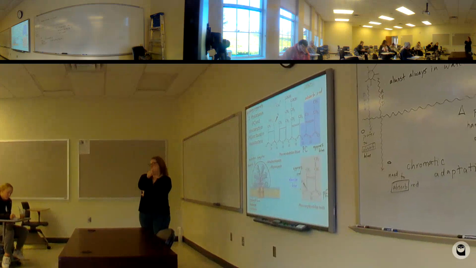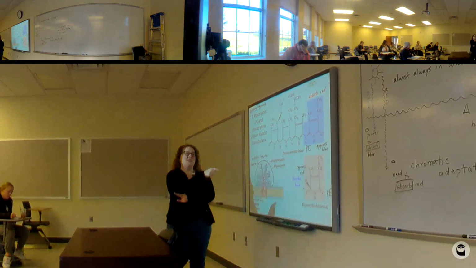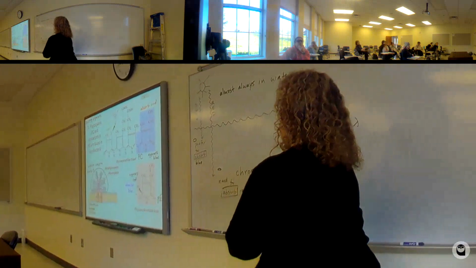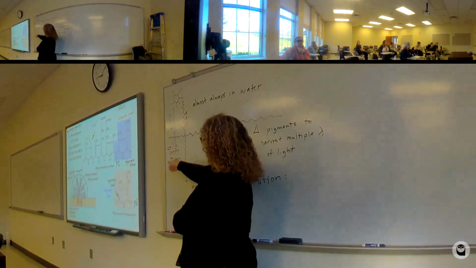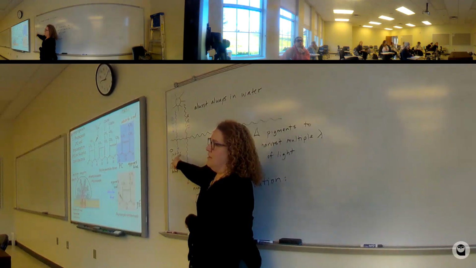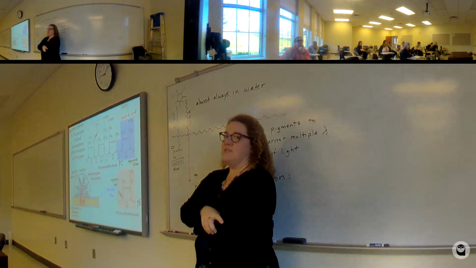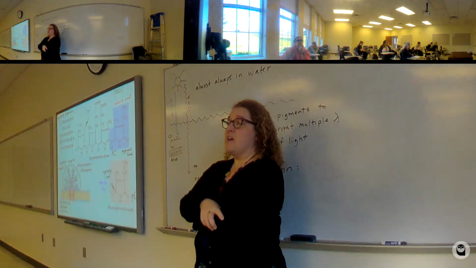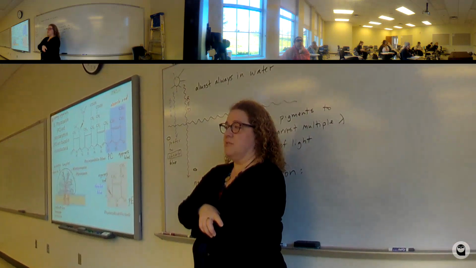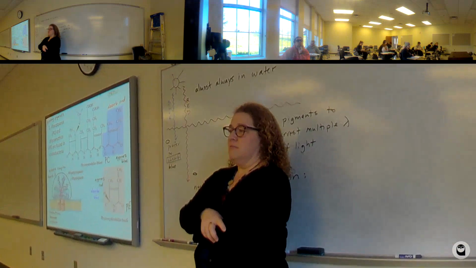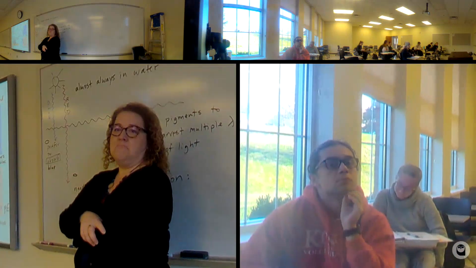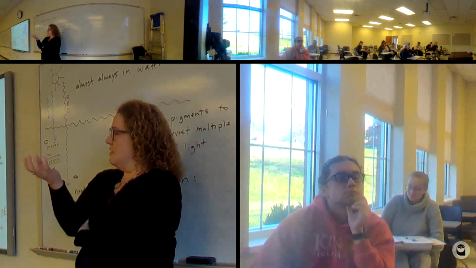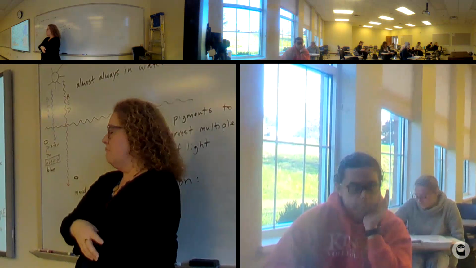So knowing that, now go back onto your water depth picture here and think about, okay, if you are in blue light, what pigment do you want to be making? Red. You need to make a red pigment, which is called PE, which is phycoerythrin. So erythrin, that's like erythrocyte, like red blood cell.